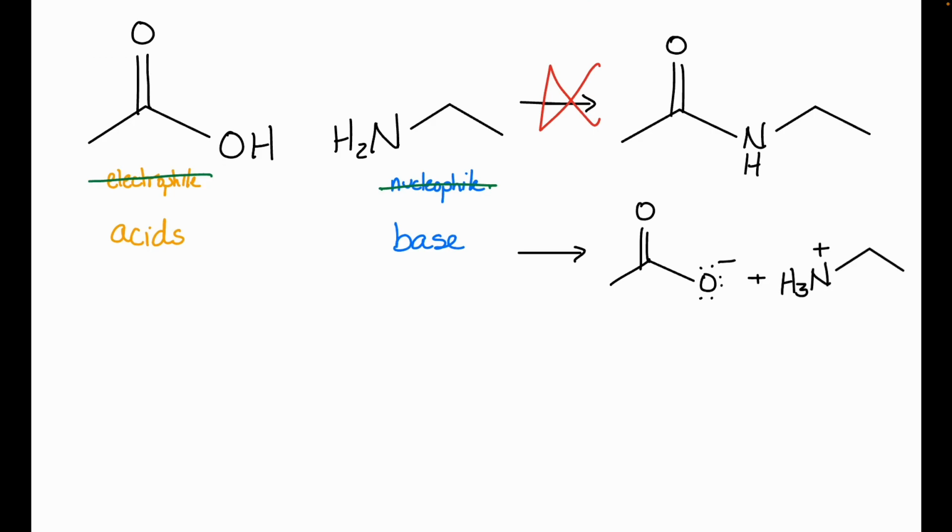All right, and the problem is that after this proton transfer has occurred, as we just discussed, your carboxylic acid is no longer an electrophile. Likewise, your amine, now that it's donated that pair of electrons to that proton, no longer has a lone pair that can do any attacking. So likewise, we kind of ruined our nucleophile as well.